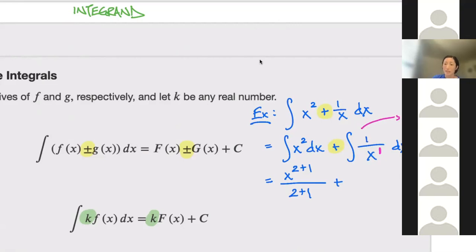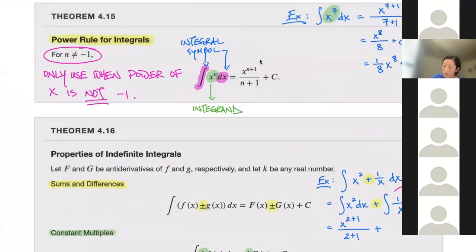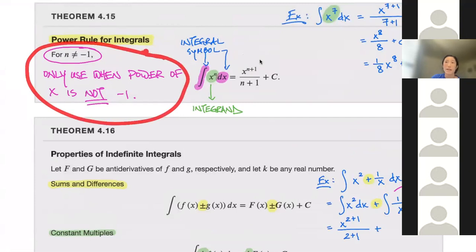I picked this one on purpose because anytime we see that that power is -1, that's the one time we cannot use the power rule. That is the one time we do not use the power rule.